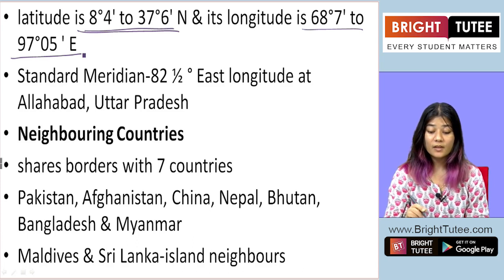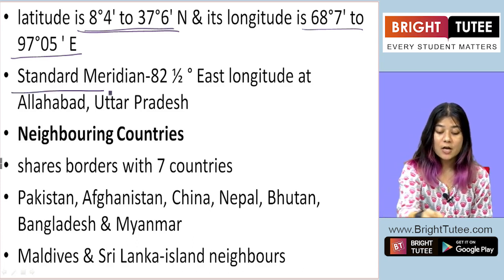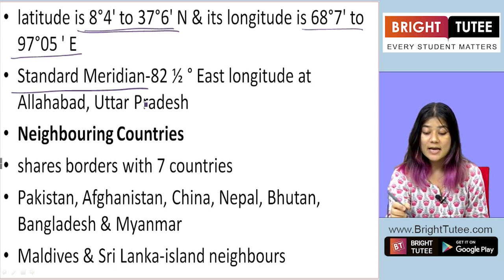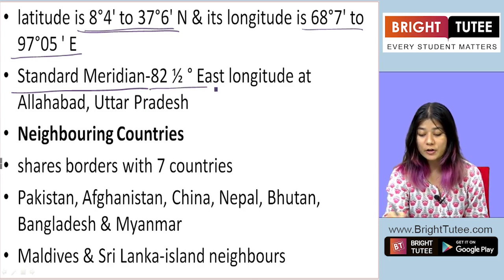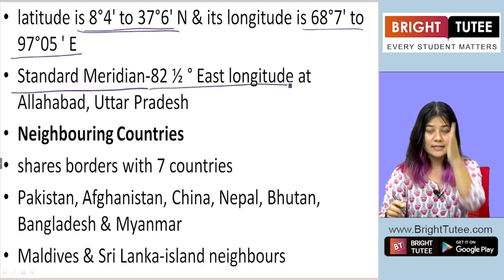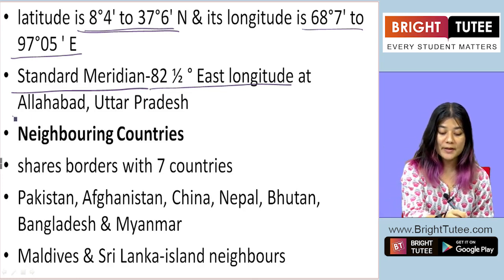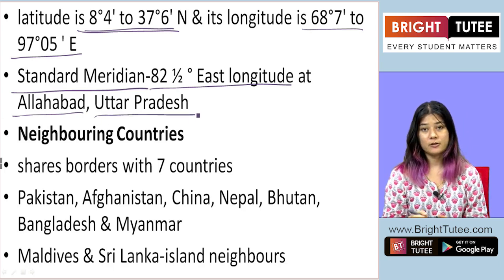The standard meridian, which divides the country into two halves, is located at 82.5 degree east longitude, and this meridian passes through the city of Allahabad in the state of Uttar Pradesh.